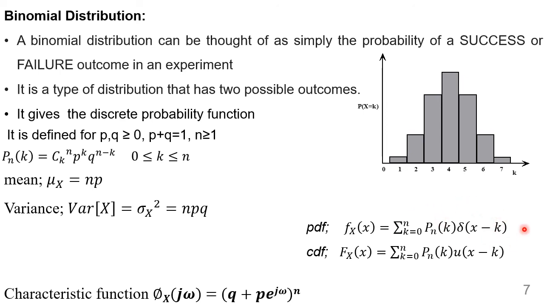When you integrate a delta function, you get a step function. The mean is always given by mu_x equal to n p, and the variance sigma_x squared is equal to n p q. The characteristic function is defined as (q plus p e^(j omega)) whole to the power n.